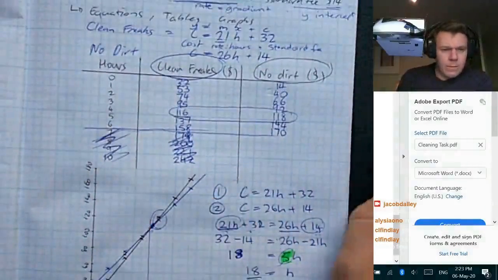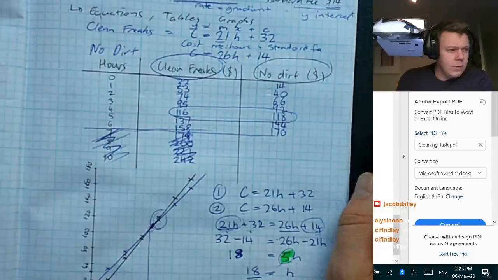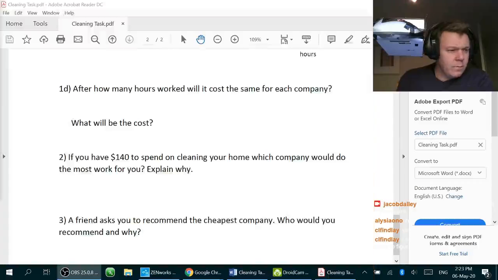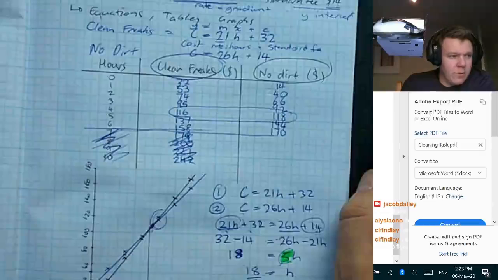Alright, back to the questions. If you had $140 to spend on cleaning for your home, which company would you go to? So the answer to this, you can just read off your graph.